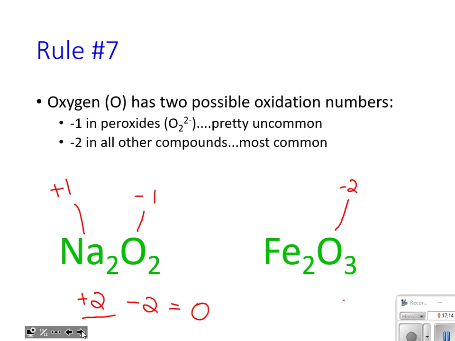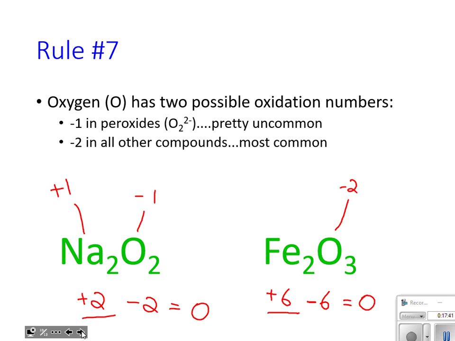I know the whole thing has to be equal to 0. I know oxygen is -2, and there are 3 of them. So my total minus charge is -6. So in order to make this equation correct, I have to have +6. +6 minus 6 equals 0. How many irons do I have? 2 irons.